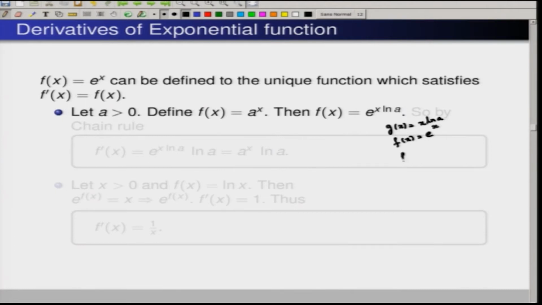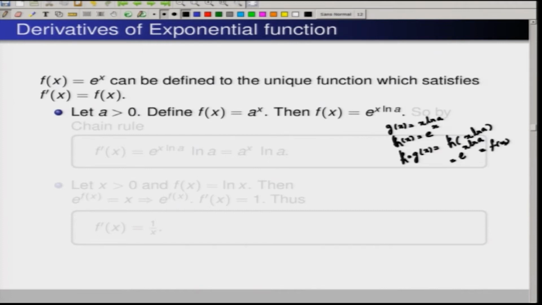Now, f composed with g at x is equal to f of x ln a, which is equal to e to the power x ln a, and which is nothing but, I am sorry, let us call this h, then h composed with g is this, which is equal to your f of x.